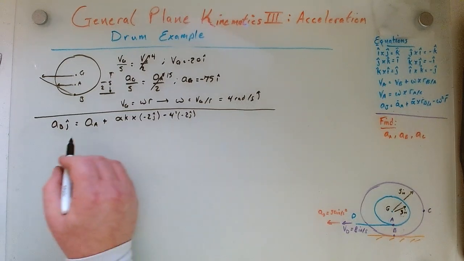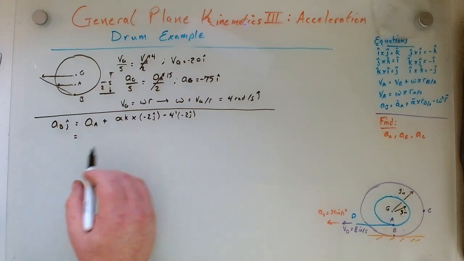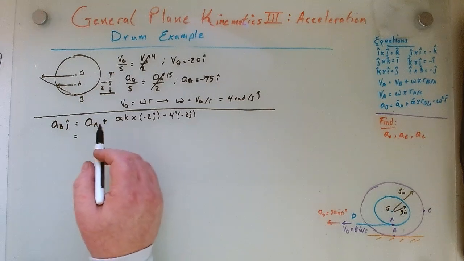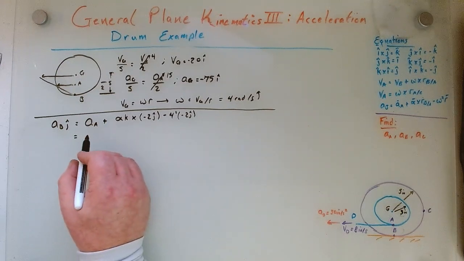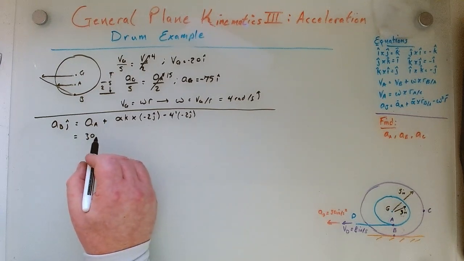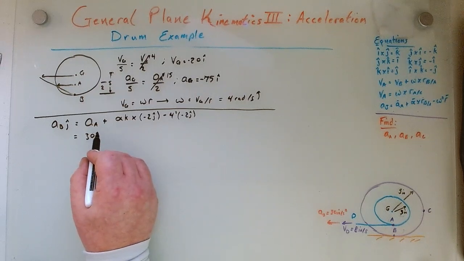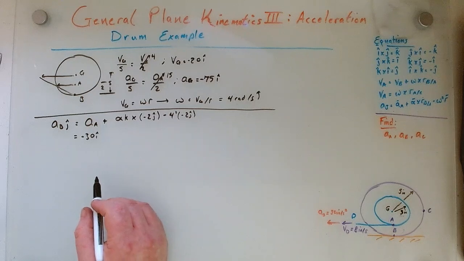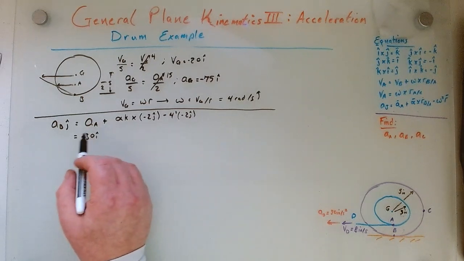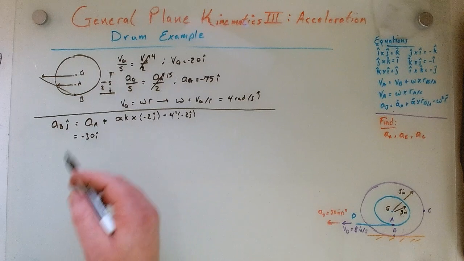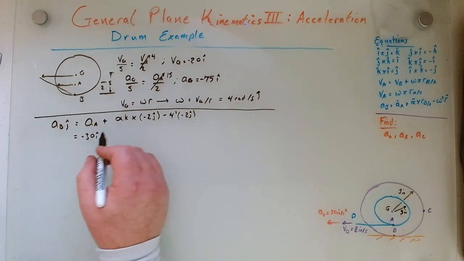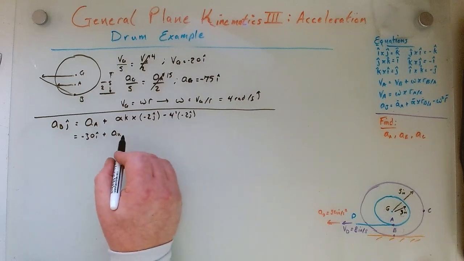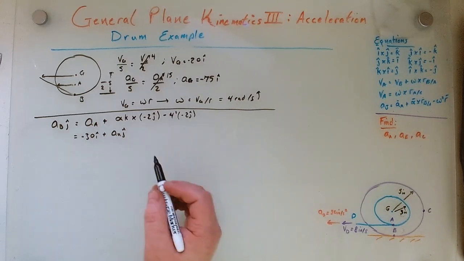AA is 30i, and I think that's minus, so minus 30i. That is what is being peeled off of here, but there's also a normal component, so we'll say plus a sub n, and that is definitely in the j direction.